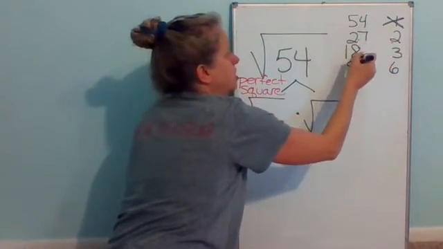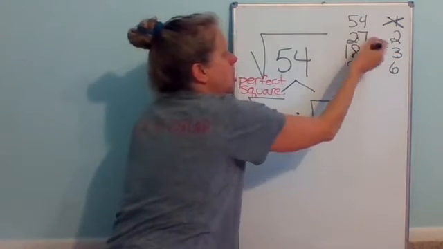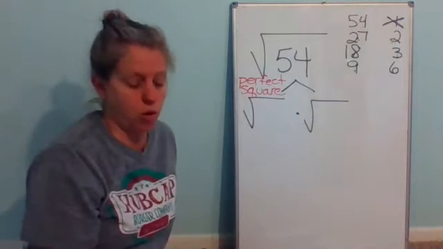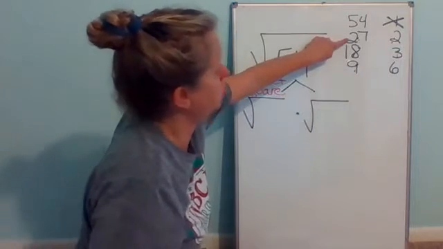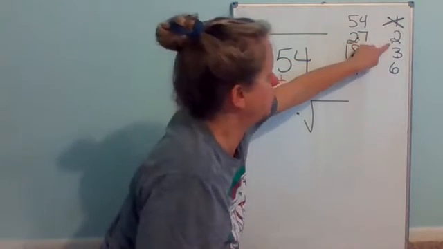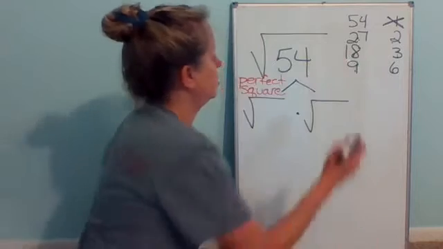I look at all these numbers right here and say, are any of those numbers a number that I can take the square root of, or a number that is a perfect square? Can you take the square root of 27 and get a whole number? No. What about 2? No.